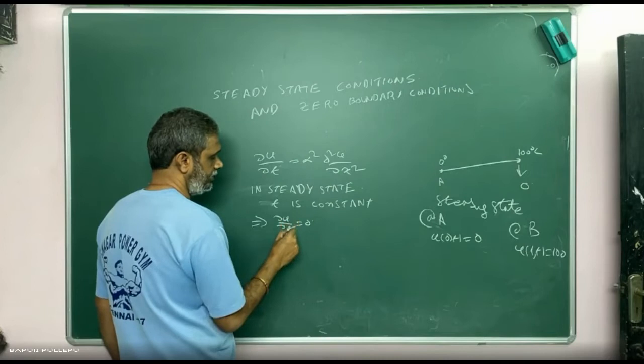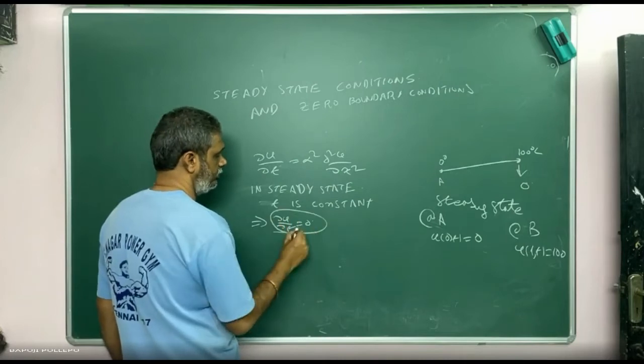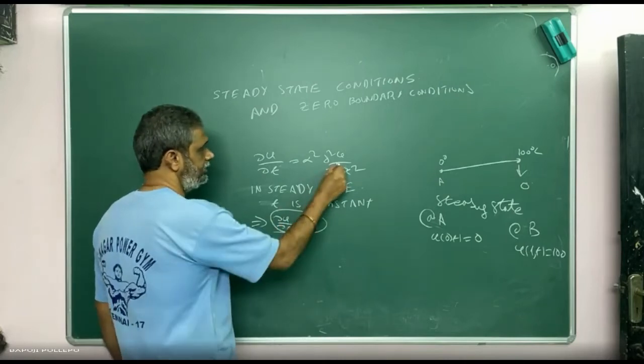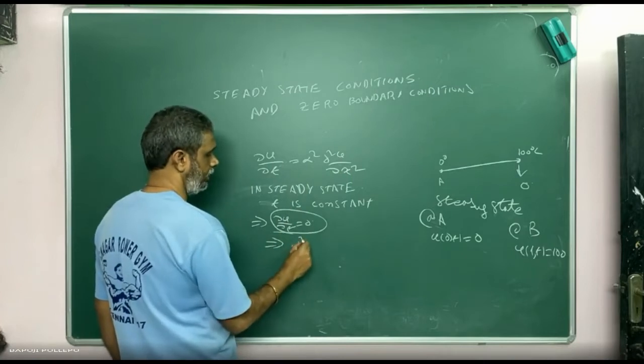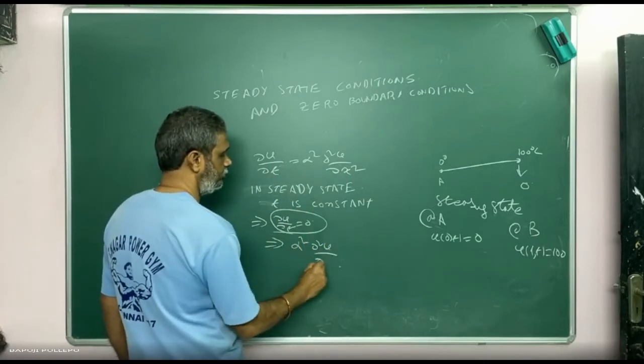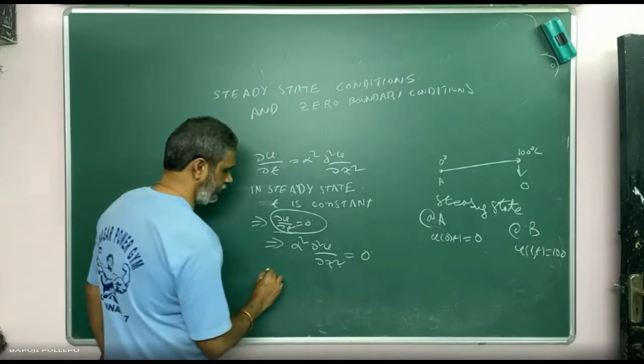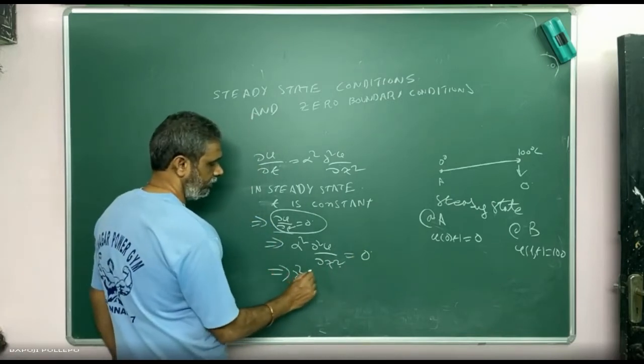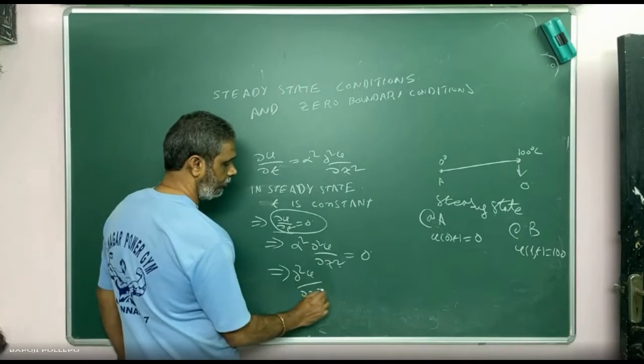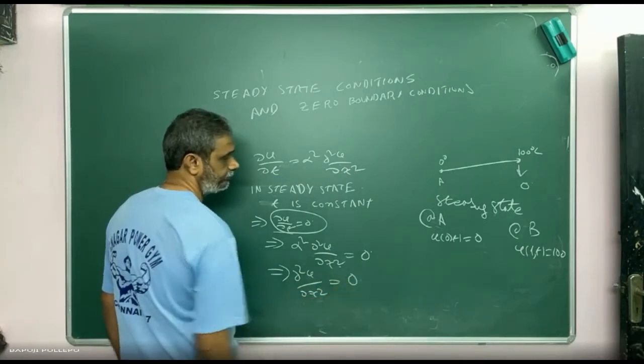So this value is 0, which implies alpha square dou square u by dou x square is equal to 0. Then alpha square cannot be 0, implies dou square u by dou x square is equal to 0.